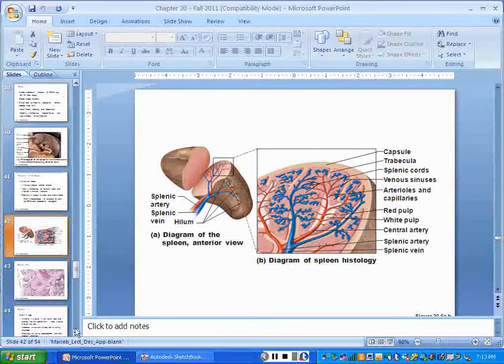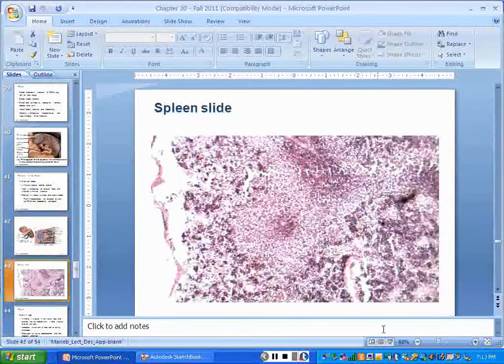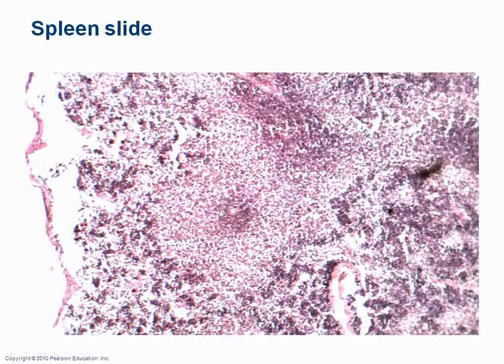Remember, on the slide in our class, we will see the white pulp actually looks dark on the slide because the lymphocytes are so dense. The red pulp appears a little more pale because there's more space out there.